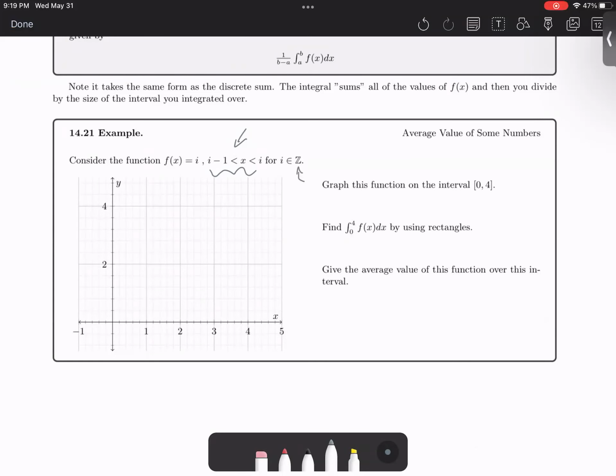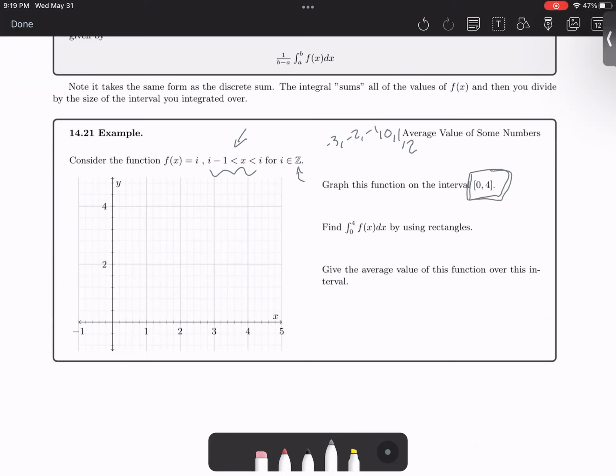If you remember, that script Z right there is the integers. So we're looking at -3, -2, -1, 0, 1, 2, right? Not all real numbers, just the integers. So let's do this. We're only concerned with the interval 0 to 4.